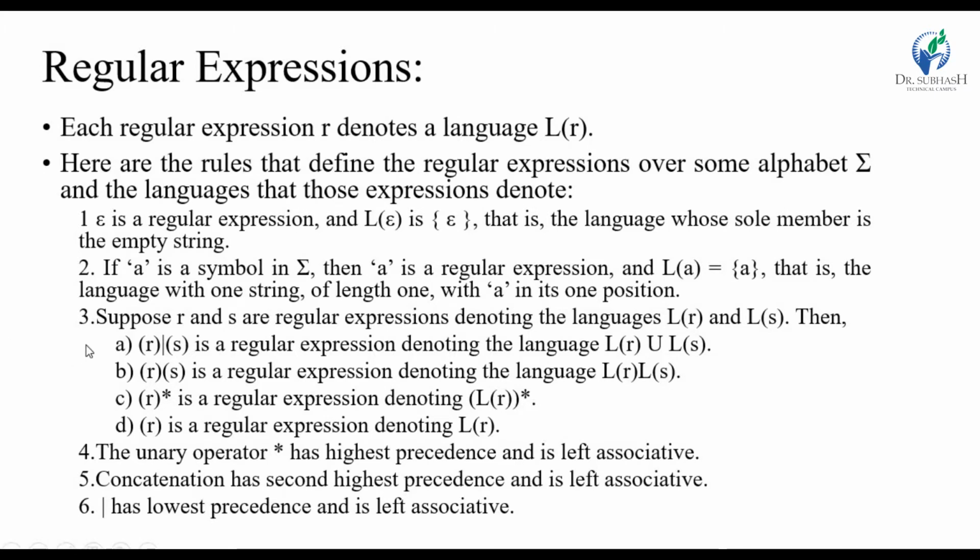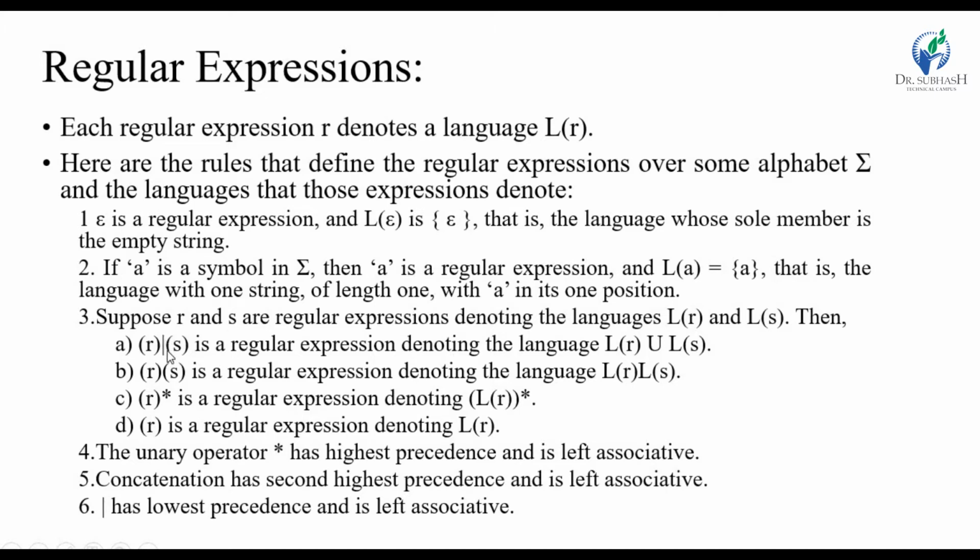Suppose there are two regular expressions R and S denoting the languages L of R and L of S. Then R or S is a regular expression denoting the language L of R union L of S. In a language you use the union sign. In a regular expression you can use the OR sign.